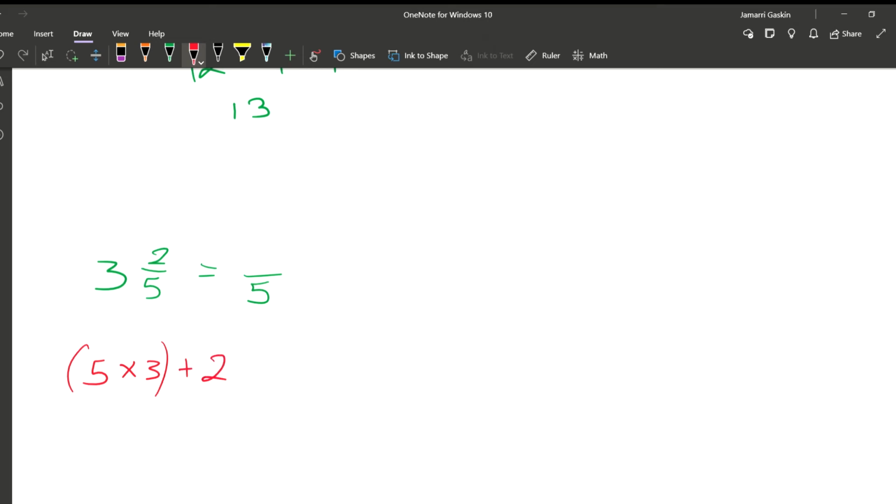So let's see what happens. 5 times 3 gives us 15, and 15 plus 2 gives us 17. So therefore, our numerator is 17. So 3 and 2/5 as an improper fraction is 17 over 5. So this is going to be our example 1.